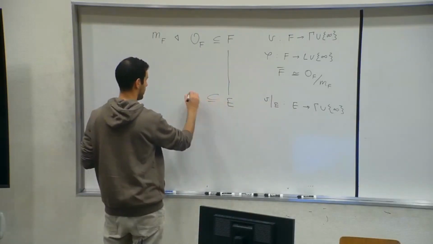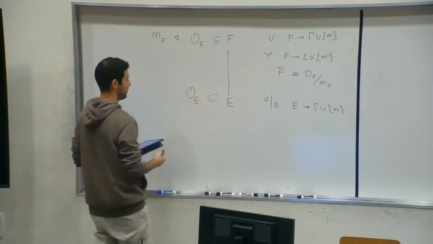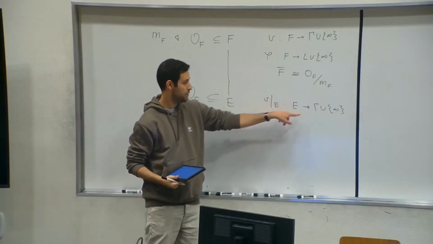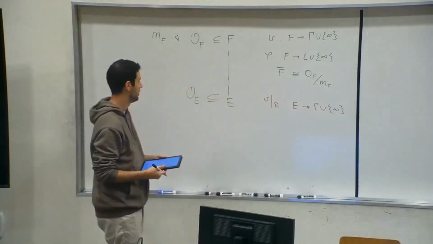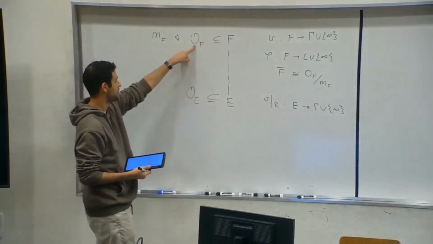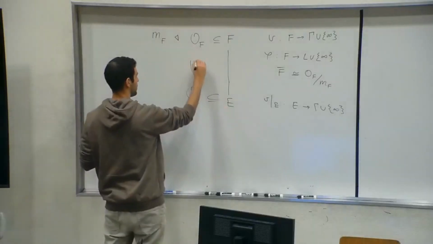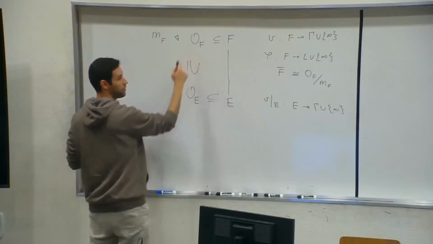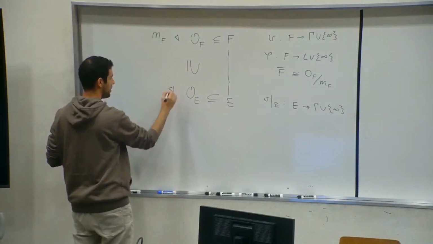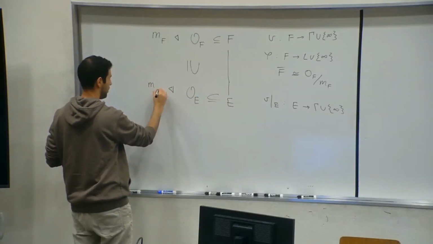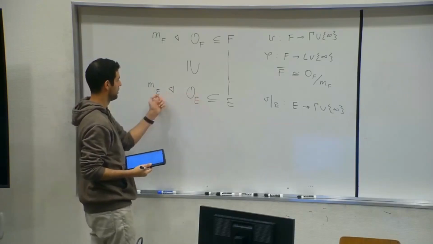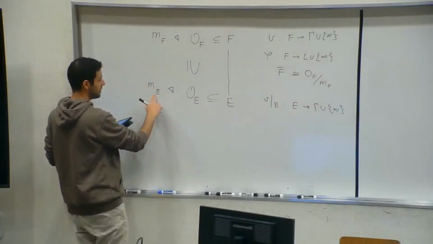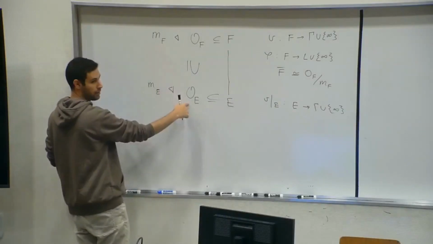So it has a corresponding valuation ring of E, all the elements in E such that the restriction sends them to some non-negative thing. And what is O_E in terms of this and this? Just the intersection, right? All the elements that are both in E and in O_F. It has a maximal ideal M_E, all the elements whose valuation is positive, and it is exactly the intersection of M_F and O_E.